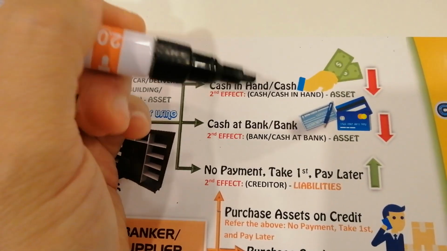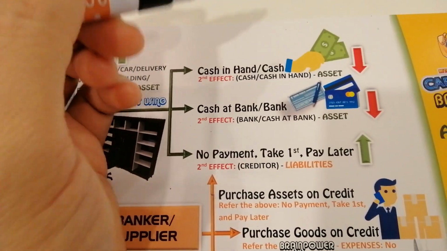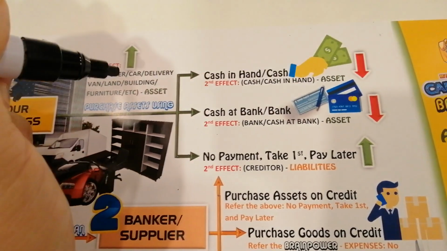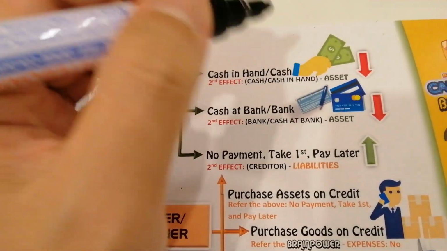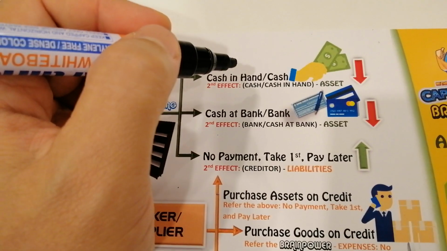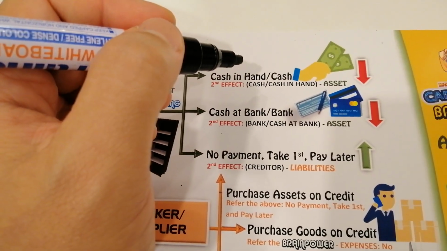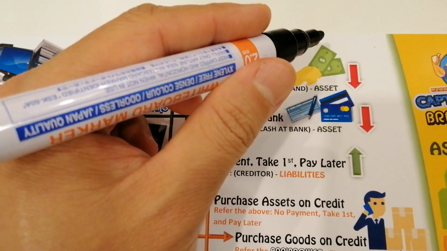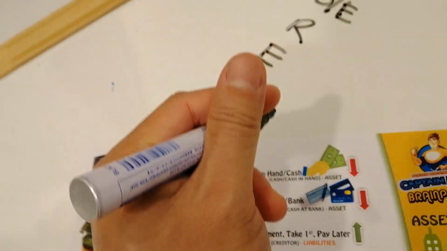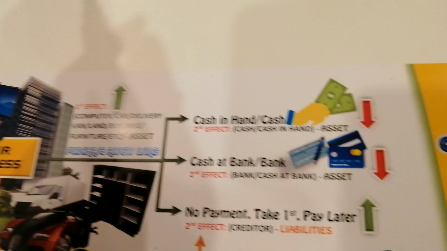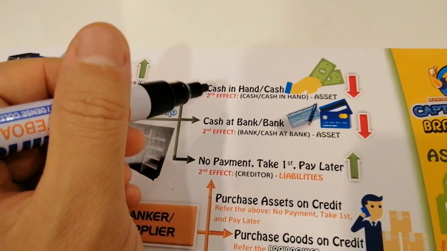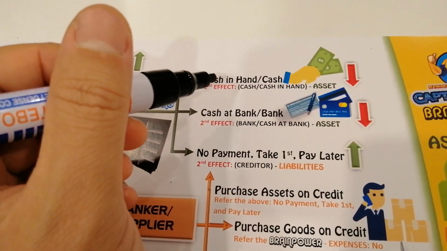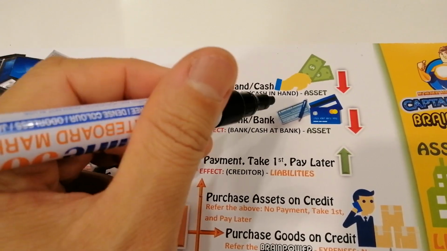Okay? So, you go to mana-mana kedai, business you nak beli new delivery van, you bayar cash terus. The delivery van is 40,000 for example. Then you pay for 40,000 cash. You bagi terus cash in hand from your pocket.